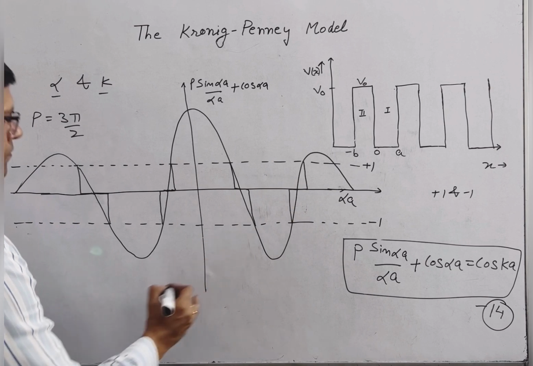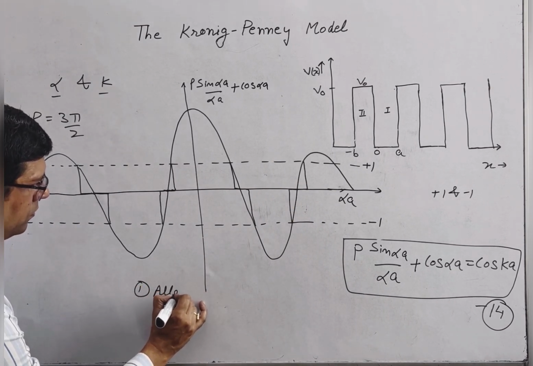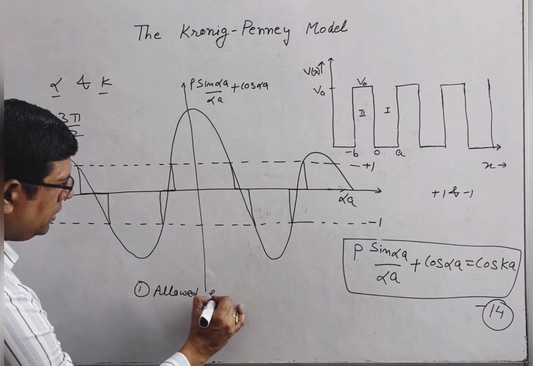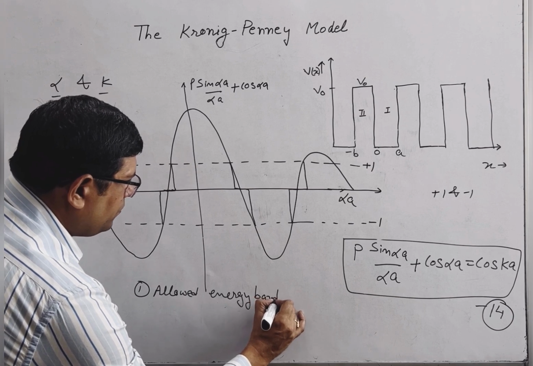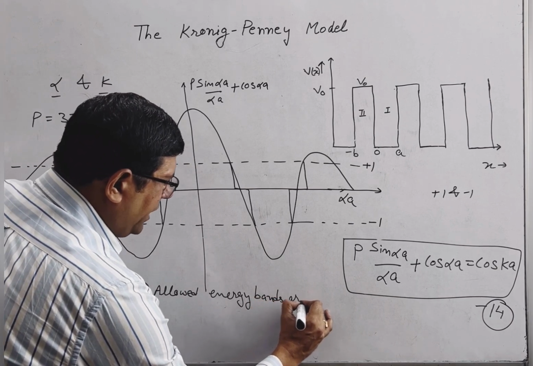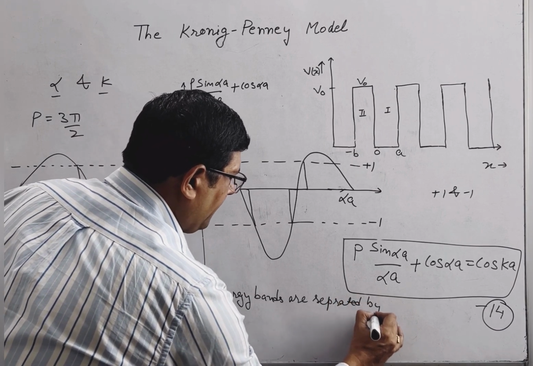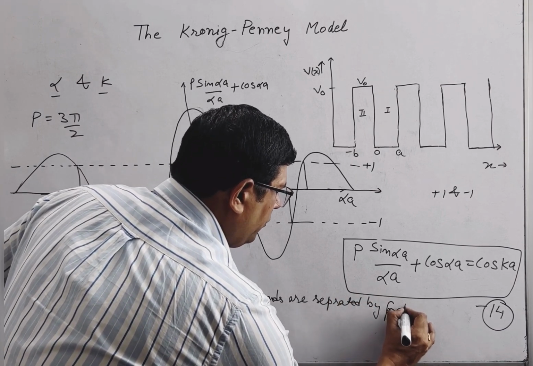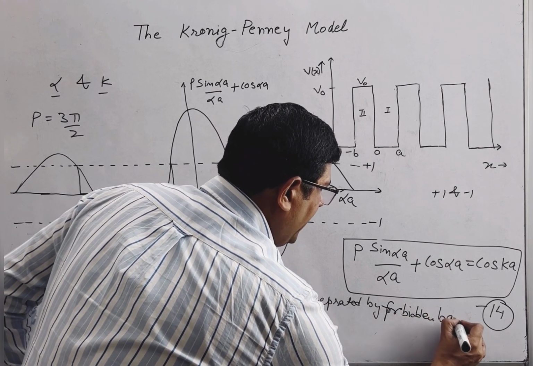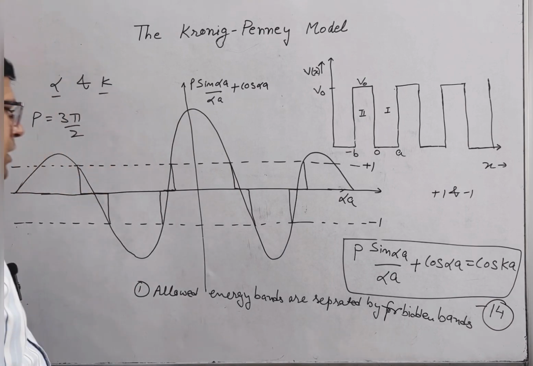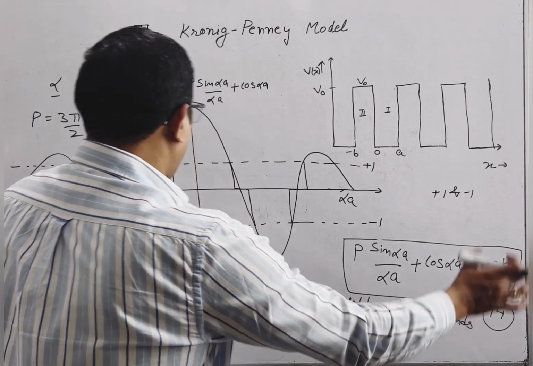Number one is allowed energy bands are separated by forbidden bands of energy. There are some allowed energy bands which are separated by forbidden bands.